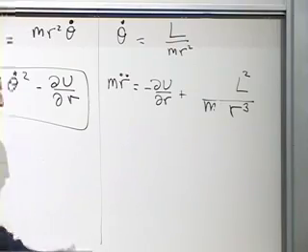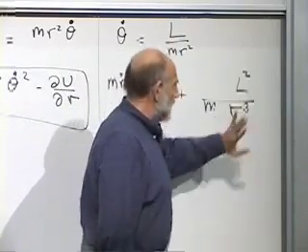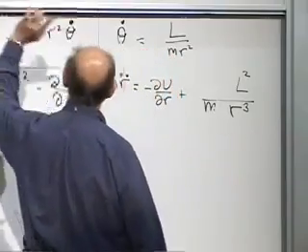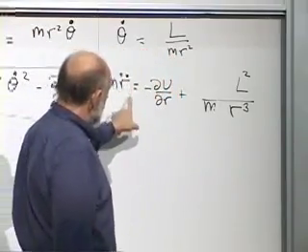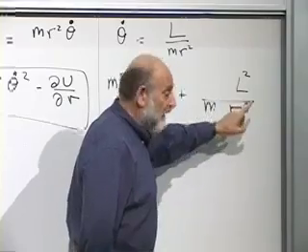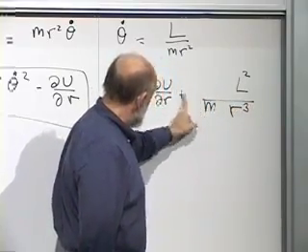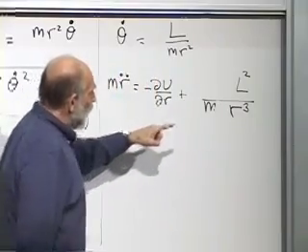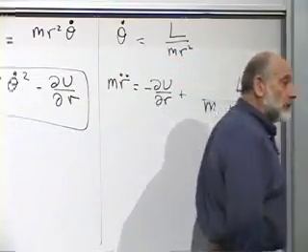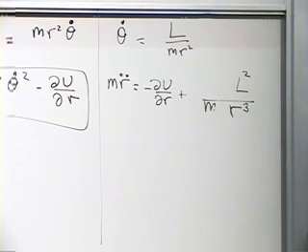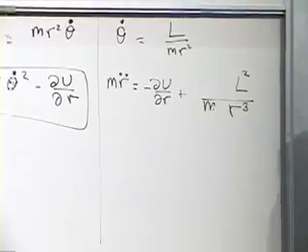Once we fixed it, we fixed it. And the entire effect of the centrifugal force is now to tell us that effectively there's a force on this particle pushing it away from the origin, that's the plus sign here, proportional to 1 divided by the distance from the origin cubed, also proportional to the square of the angular momentum and also the inverse mass.